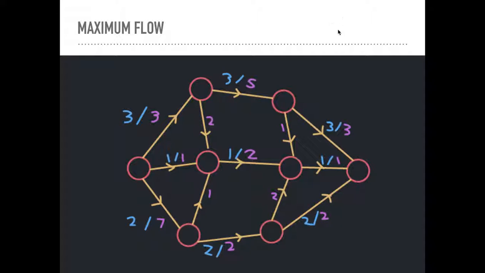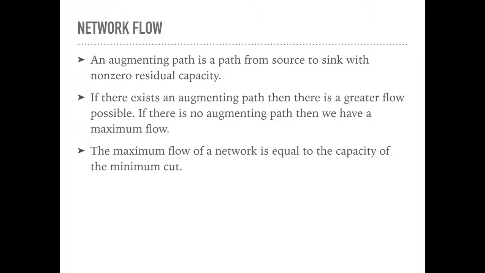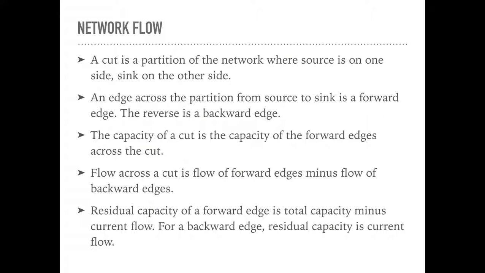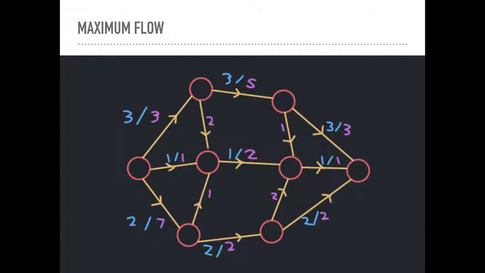We've removed that cut, and now we've added in some flow. Okay, let's talk about residual capacity. This edge has a capacity of 7, but it's only accepting a flow of 2. So the residual capacity is 5.